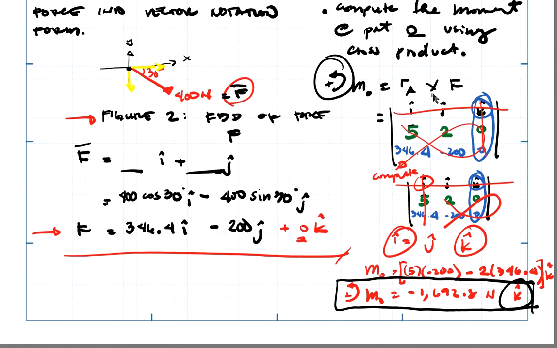By doing the pattern and computing the value, we found a negative value for our moment.